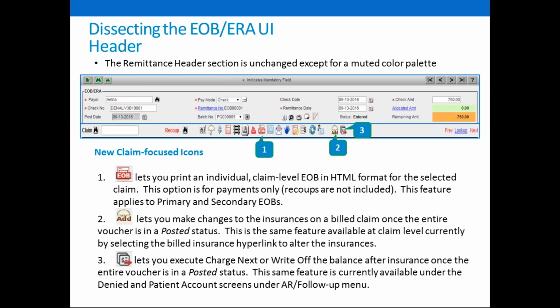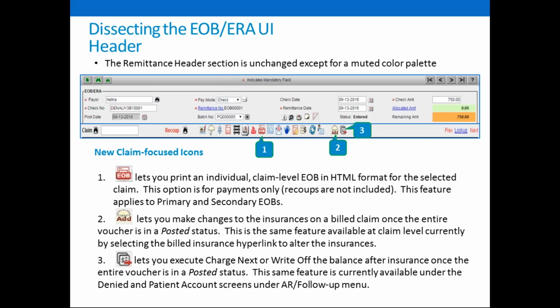And it is also applicable only for your primary and secondary EOBs. But in that scenario where you've posted a primary payment or a secondary payment, and there is a balance left over for the next responsible person, whether it's for the patient or for a secondary or tertiary payer, you can now print an individual EOB with that individual claim for that secondary or tertiary balance.